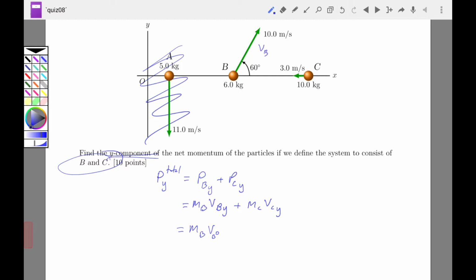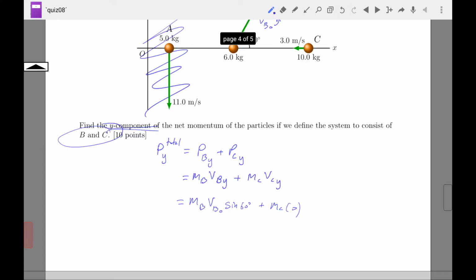Anyway, VB naught is that. So, y, that would be sine 60 degrees plus MC VCY. Well, C's got no y component of velocity, so that's 0.